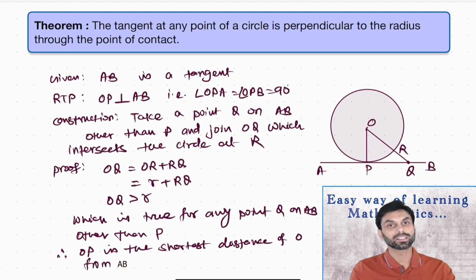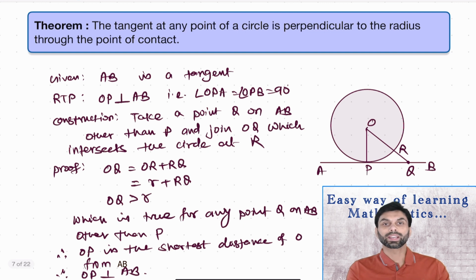And we know the shortest distance is the perpendicular distance. So we can say that OP is perpendicular to AB. And this is how we can prove this theorem.